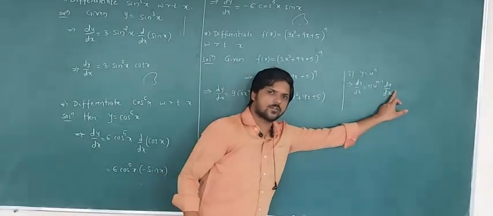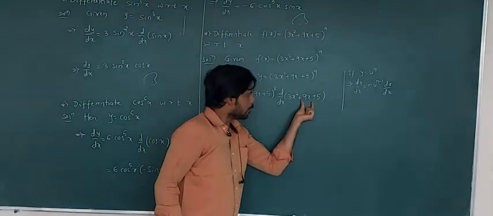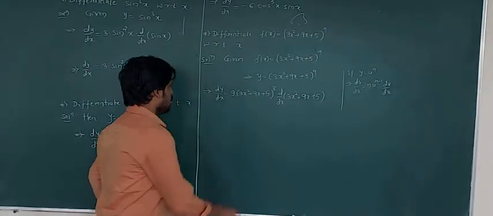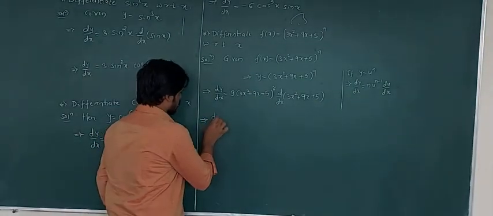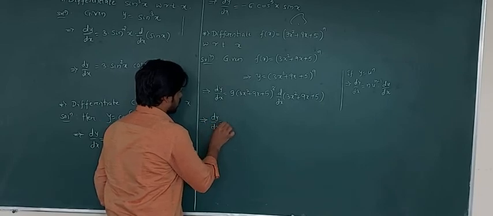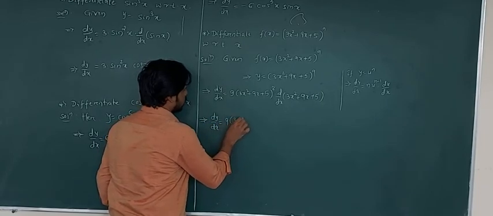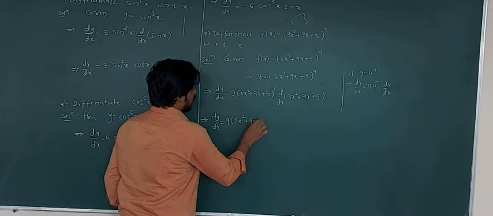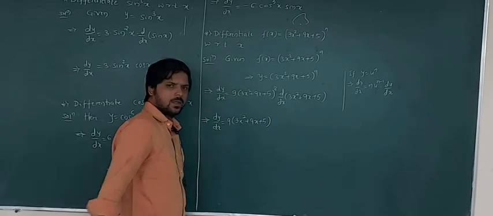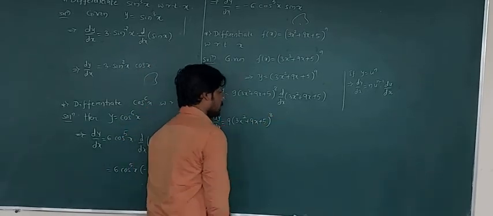So dy by dx is equal to 9 into 3x square plus 9x plus 5 whole to the power 8. This is as it is.